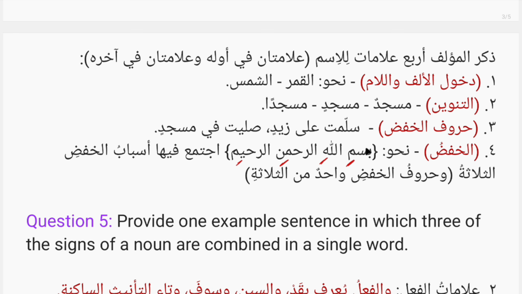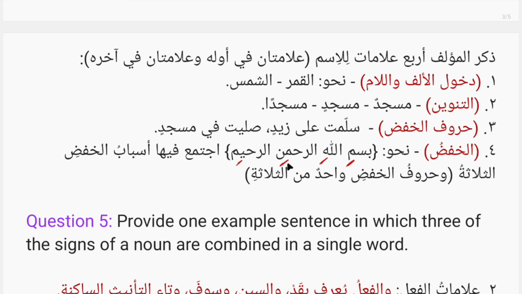So harf jar has preceded it, and caused it to be majroor. So we know ism is majroor because of harf jar and because it's majroor. Allahi is majroor. Why is Allahi majroor? Because it's mudaf ilayhi. Ismullahi, mudaf ilayhi. So this is made majroor because it's mudaf ilayhi. It has a kasra. How do we know it's ism? Because it's majroor. Khafd. It's in this case of being majroor.